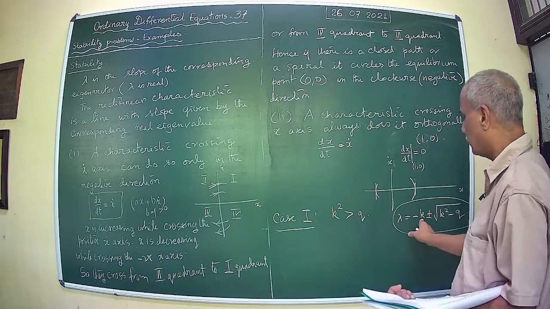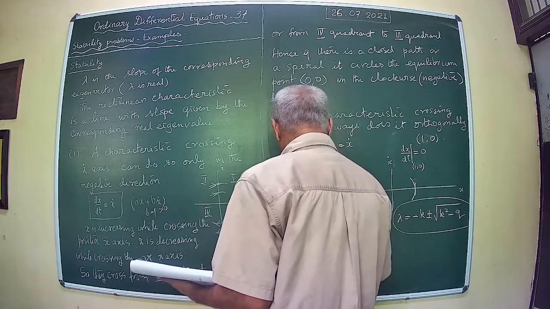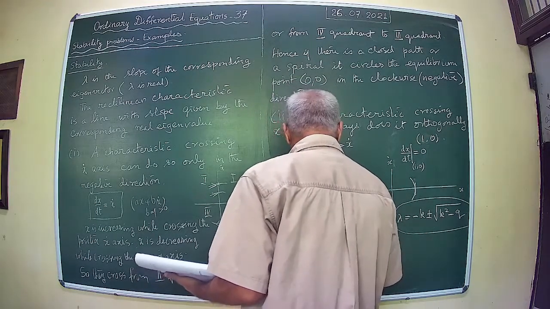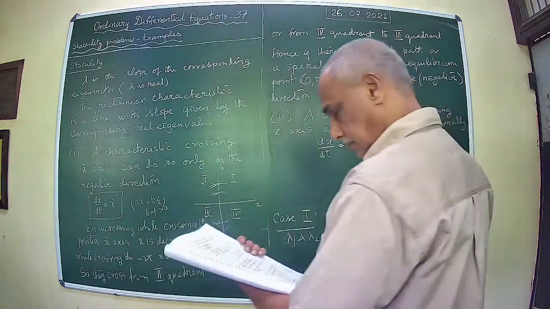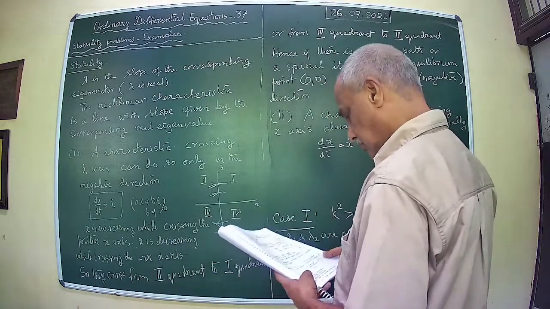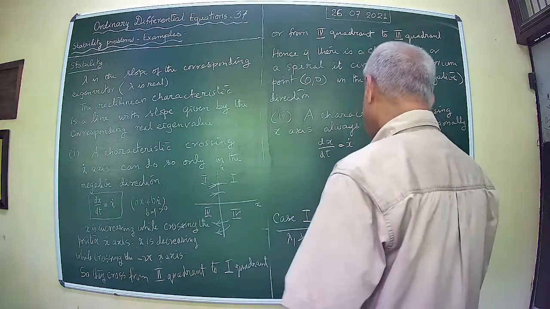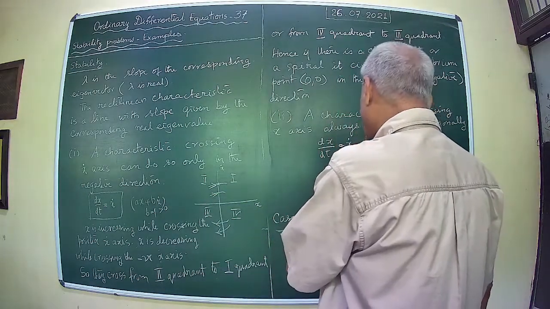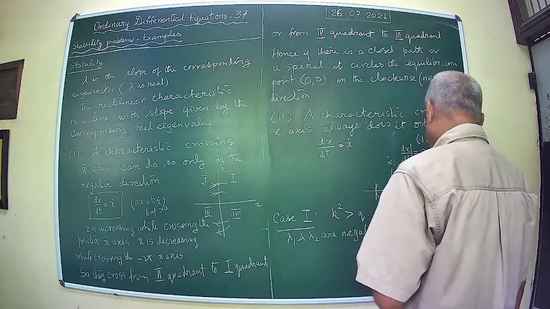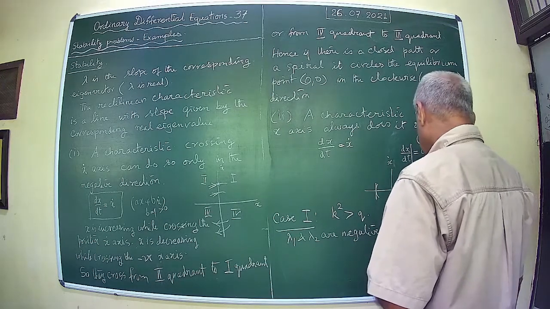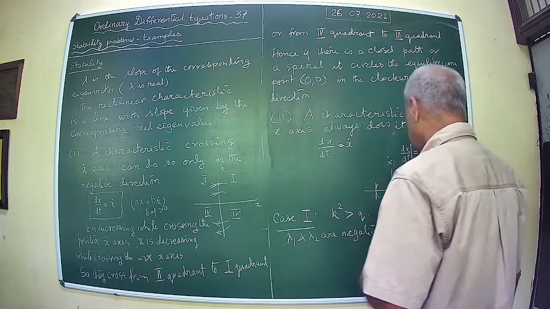Therefore, both lambda 1 and lambda 2 are negative. If k square is greater than q, this is what you infer. Right.